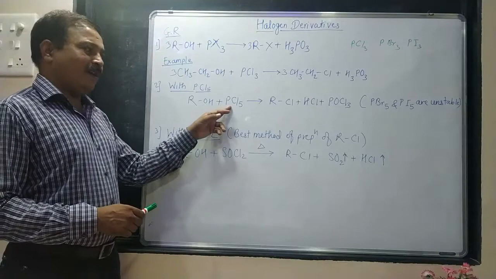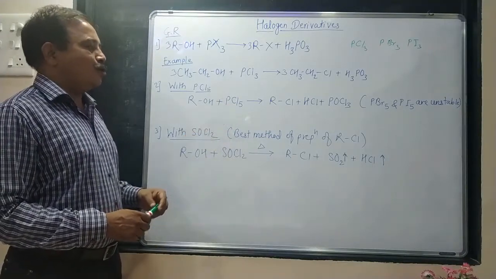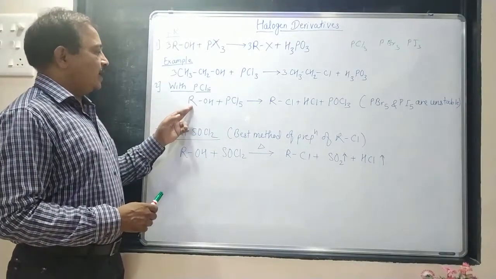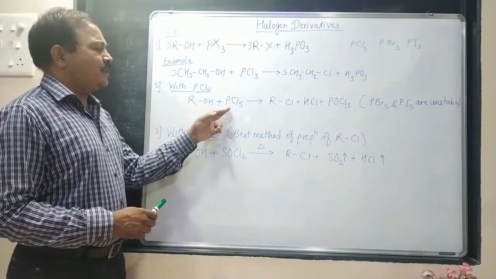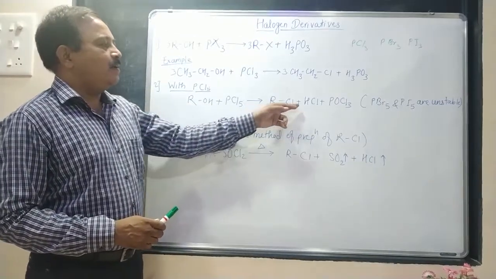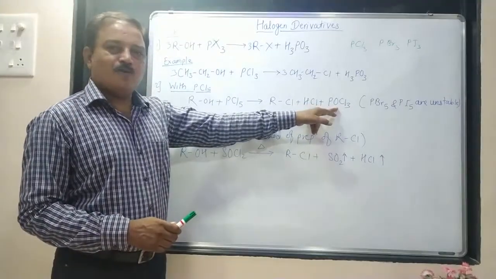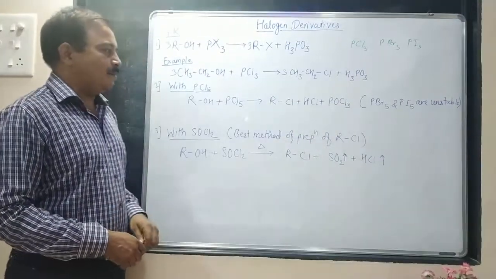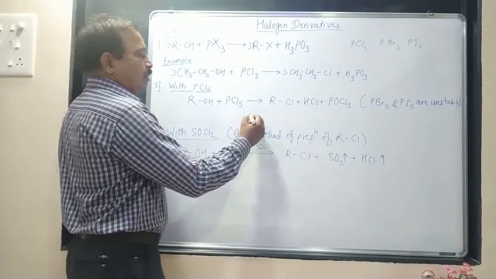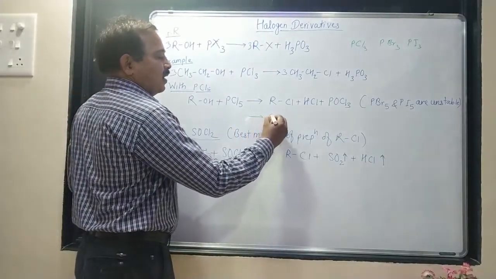So only PCl5 can be taken in case of phosphorus pentahalides. Again ROH plus PCl5 gives RCl plus HCl plus POCl3. POCl3 is called phosphoryl chloride. Let us take one example: how you can prepare n-propyl chloride.